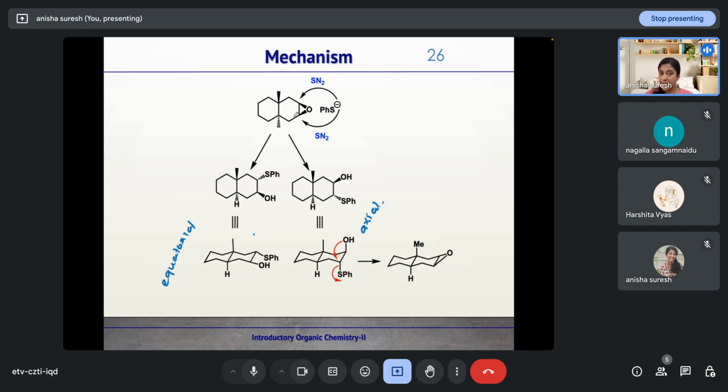Since an SN2 reaction is taking place, the attack will be from the alpha side and we will get this product. Clear? So when there are possibilities for two attacks, it is better to draw the chair conformation and see.